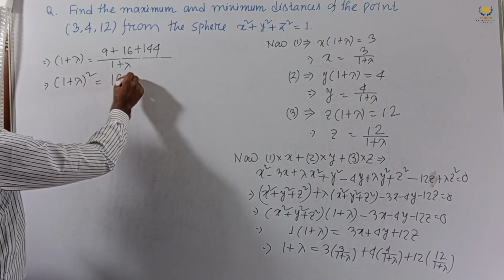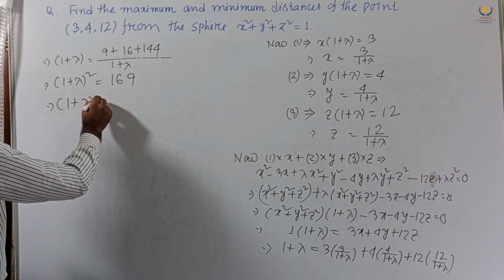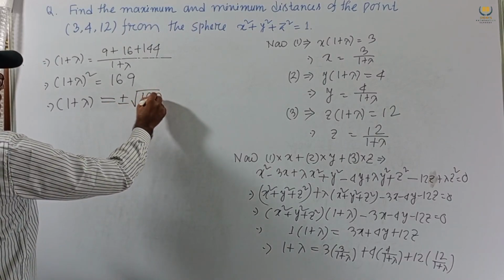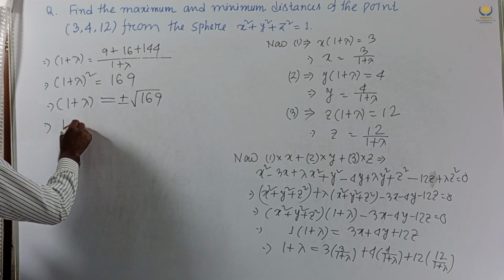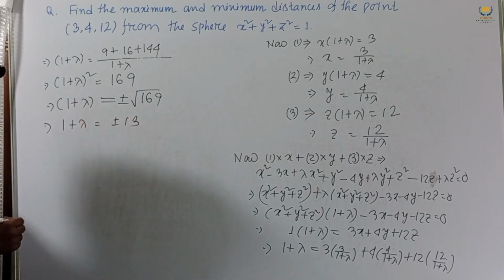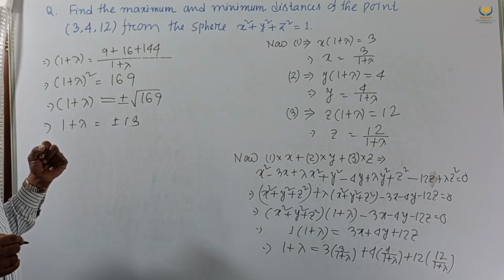This is 169. Then 1 plus lambda equal to plus minus root over 169, and 1 plus lambda equal to plus minus 13, we get.